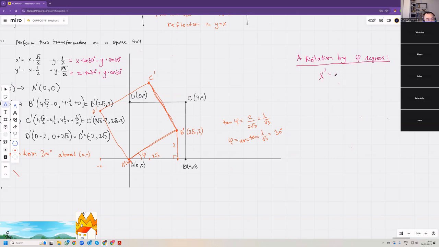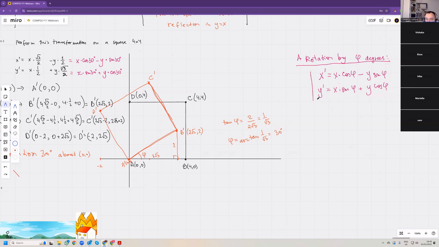X dash is x multiplied by cos phi minus y multiplied by sine phi. Y dash is x sine phi plus y cos phi. This is the formula.